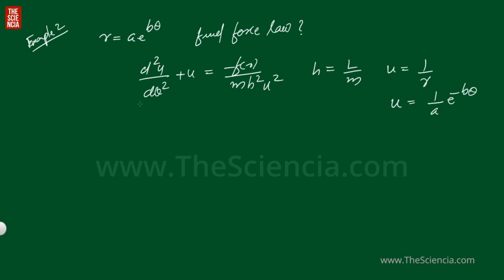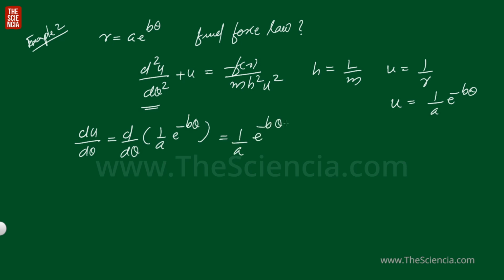Here u is equal to 1 by r, that is we get 1 by a e raised to minus b theta. Now we have to evaluate this term, that is du by d theta, that will be equal to d by d theta of 1 by a e raised to minus b theta, and we get this is equal to 1 by a e raised to minus b theta into minus b.